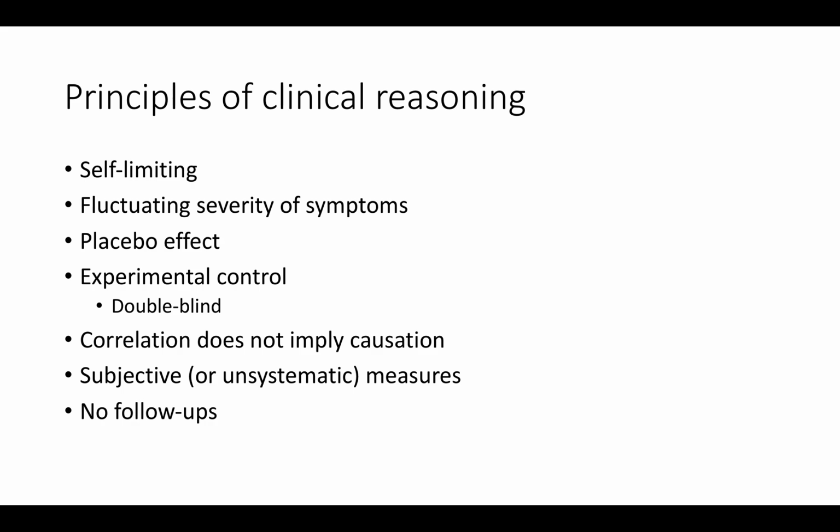So the first thing is the fact that many phenomena that you're trying to reduce, such as symptoms of a mental disorder or symptoms of a disease, many times these phenomena are self-limiting, which means they were going to end on their own.